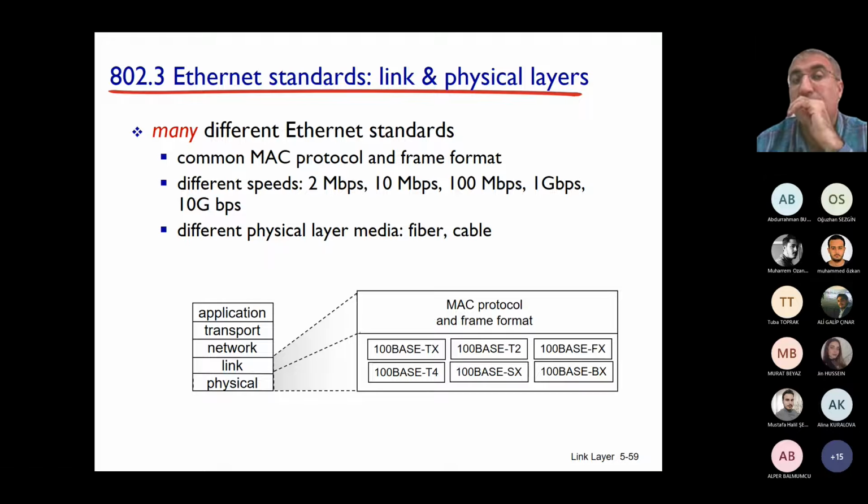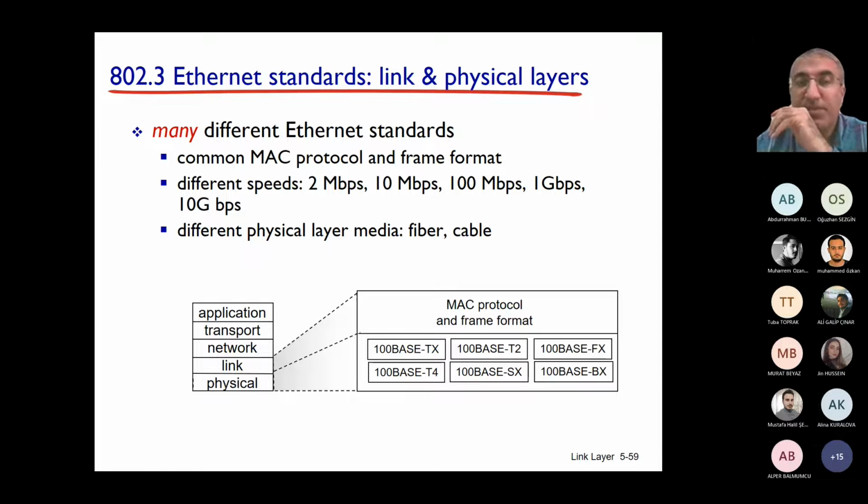Let's look at the Ethernet standard, which is IEEE 802.3, at the link and physical layers. There are many different Ethernet standards, as you see here, but they have a common MAC protocol and frame format.